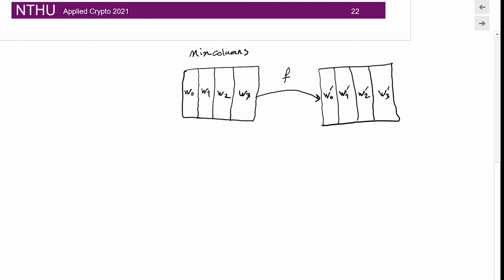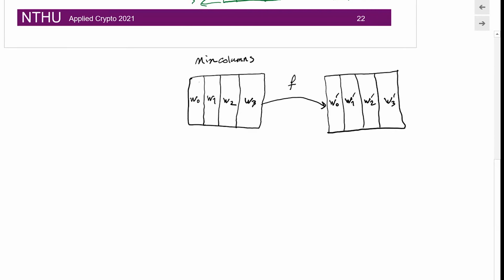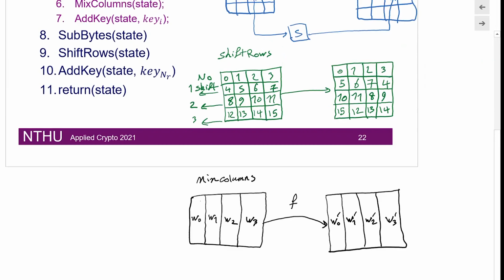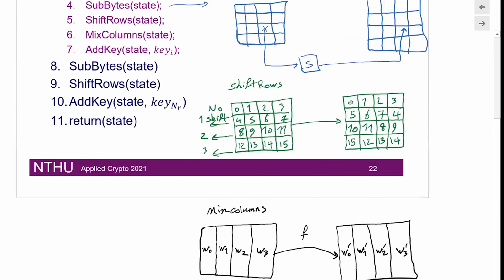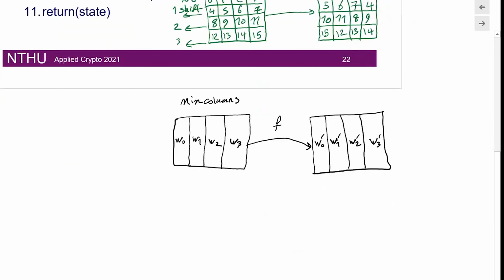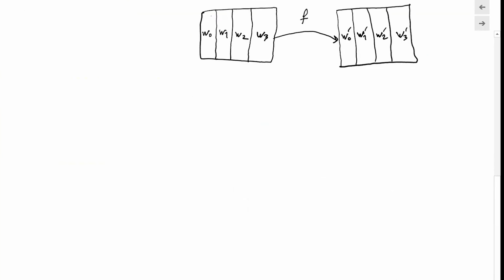So that's how I will change those values. And you will see how we do that, but you see that we were doing something relating to the bytes, and now we change into the words. So the algorithm would do some operations on the words.